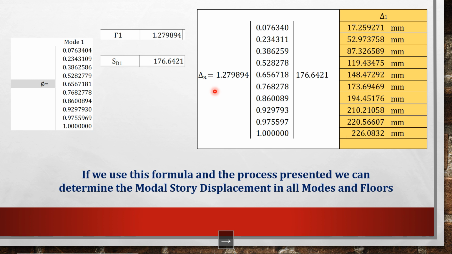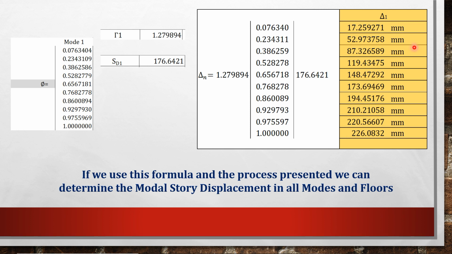Delta n is equal to 1.279894, our gamma 1, times our mode 1 phi or eigenvectors, times this spectral displacement 176.6421. The result is a 10 by 1 vector.